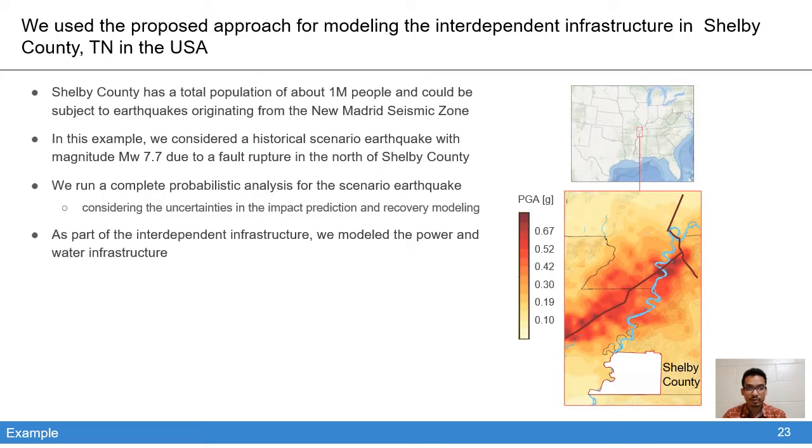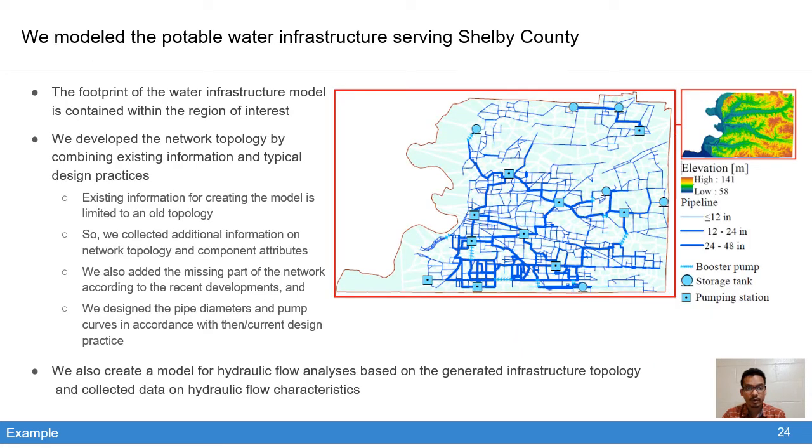We use the proposed approach for modeling the interdependent infrastructure in Shelby County, Tennessee. Here we run a complete probabilistic analysis for a scenario earthquake of magnitude 7.7 occurring in the north of Shelby County. We modeled the potable water infrastructure serving Shelby County.